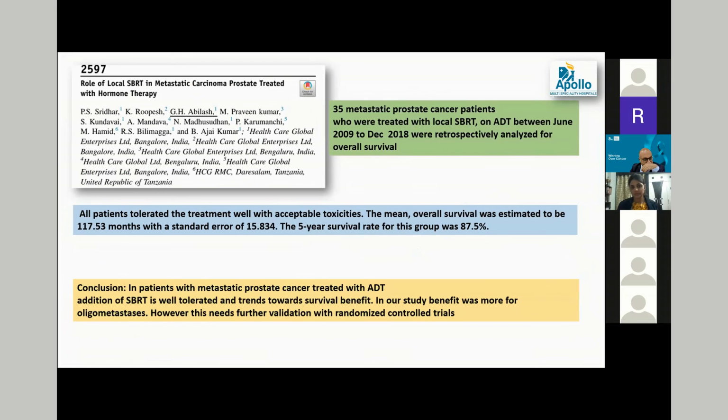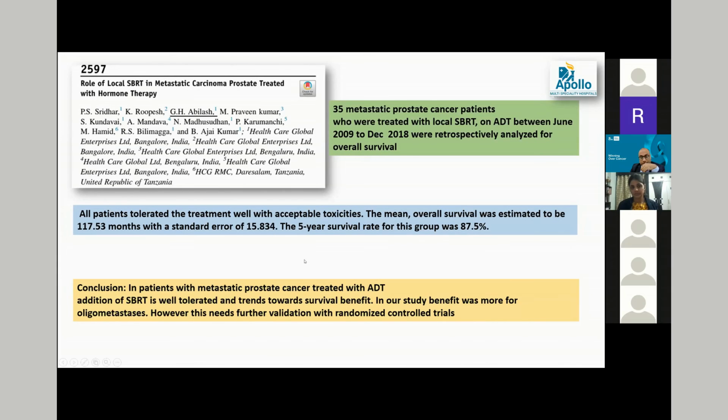We have another data set which was presented by Dr. P.S. Sridhar from India, because this is data I could find from India, so I thought I would present this also. They treated 35 metastatic prostate cancer patients with SBRT on ADT between June 2009 and 2018, and they analyzed. All patients tolerated the treatment well with acceptable toxicities.